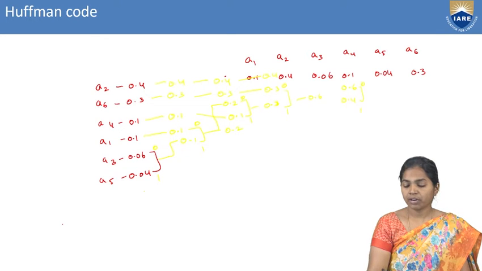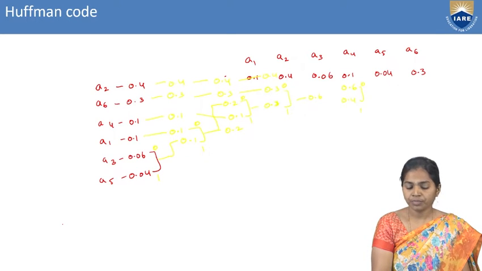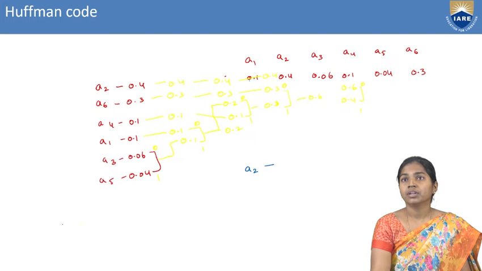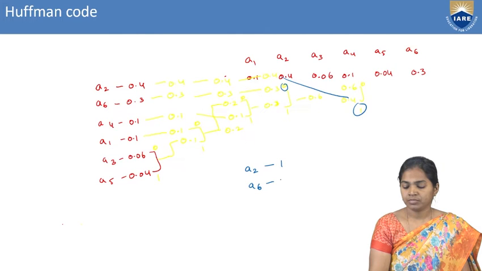So based on this Huffman code, the variable length code, consider A2. For A2, here it is 0.4, here 1 only. And for A6 here it is 0 and 0.